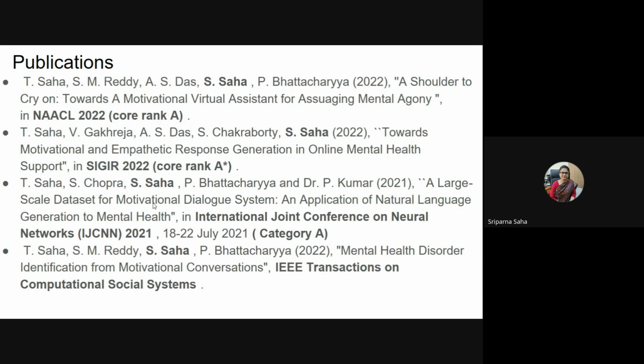We also created other classification frameworks and published them in the IEEE Transactions on Computational Social Systems, where there are different classification frameworks for classifying the different mental disorders. So these are some papers related to mental health.